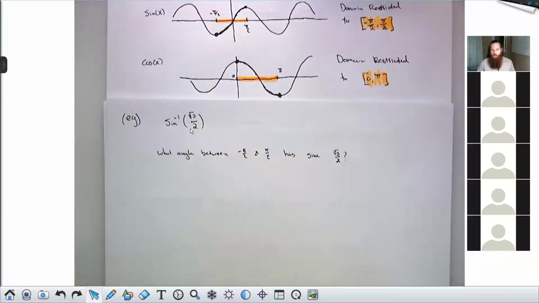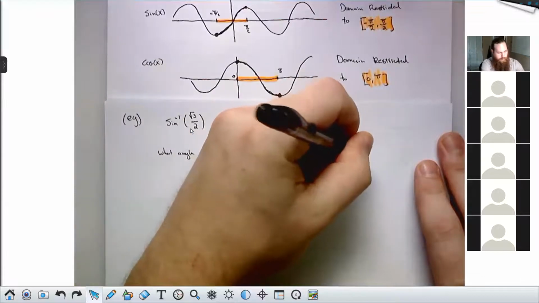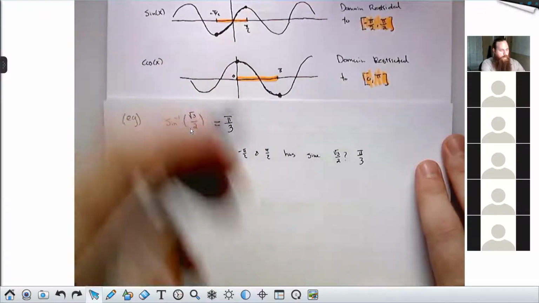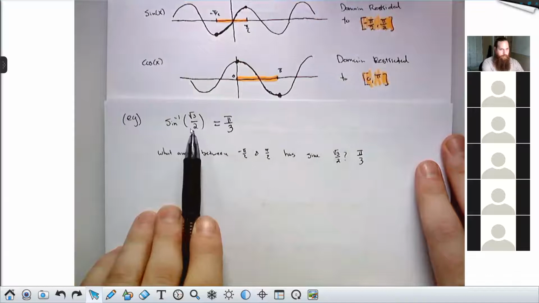Maybe useful to think about your unit circle here. Pi over 3. Yeah, good. So this is equal to pi over 3. Why? Because the sine of pi over 3 is root 3 over 2.